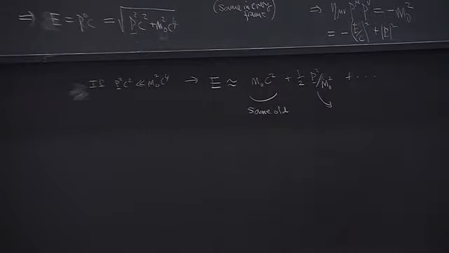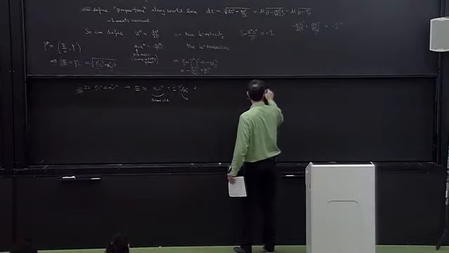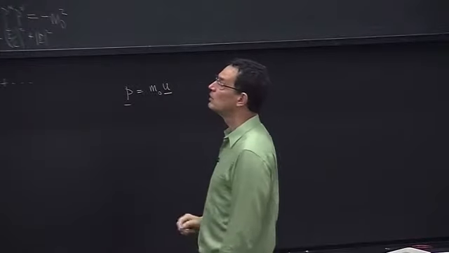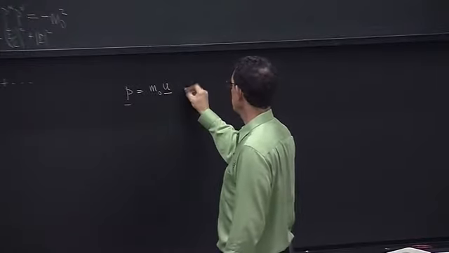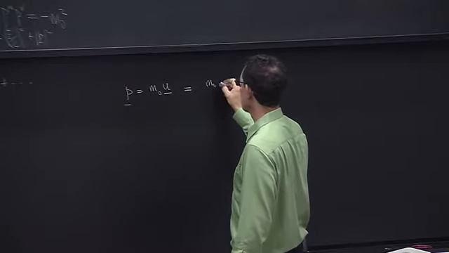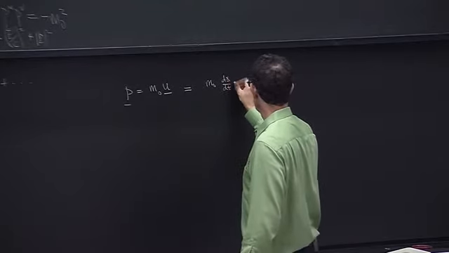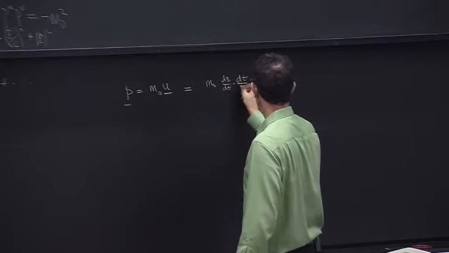And what is this term? Well, if we go back to here, you see p is m naught u, right? What is u? U is dx/dt times dt/d tau.